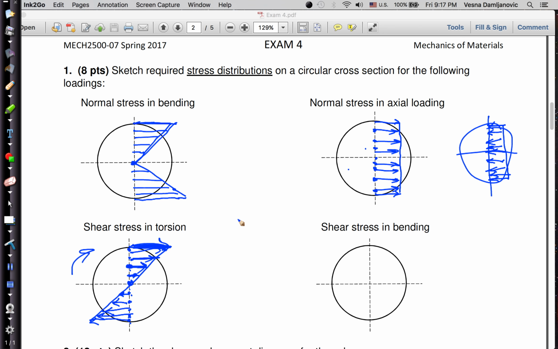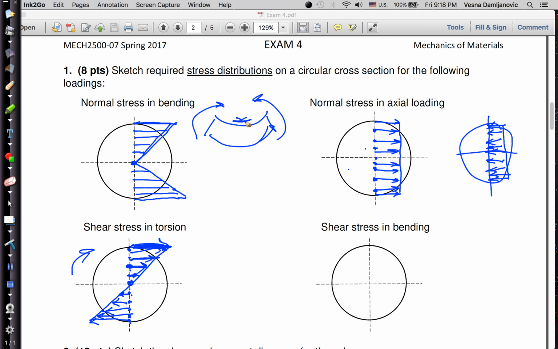And now let's just decide on the arrows, okay? Remember what we said. When you bend a beam, I'm vastly exaggerating. So let's say we're bending it like this, okay? That's the beam. It's loaded in compression here, right?